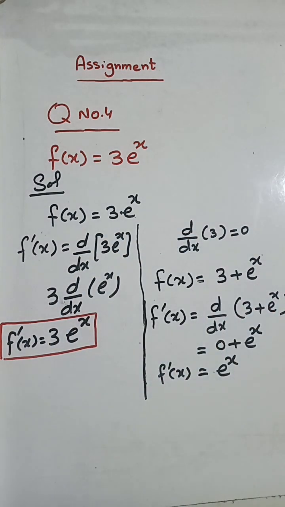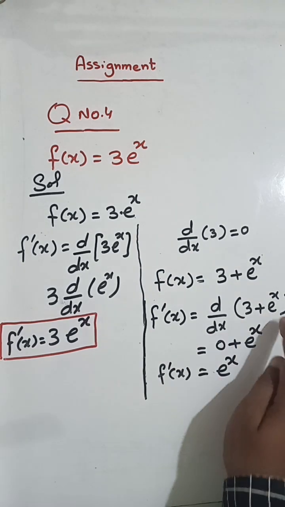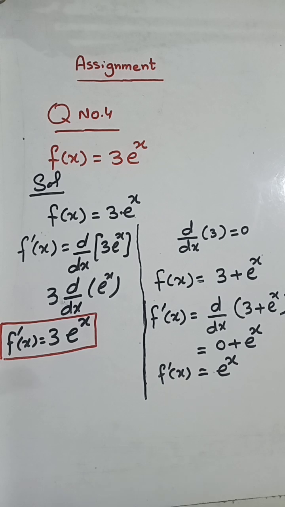So whenever the operator d by dx sees a constant number alone, it makes it 0, and the derivative of e raised to power x is e raised to power x. But whenever it sees a constant number that is associated with a function, it just throws it outside and then finds the derivative of e raised to power x. So finally we have this answer.